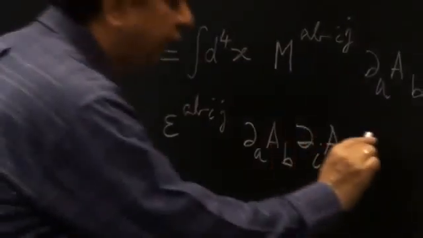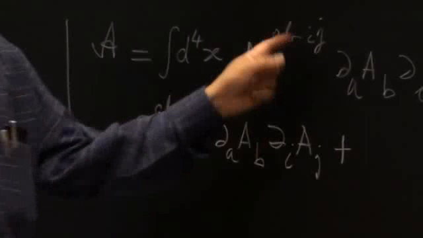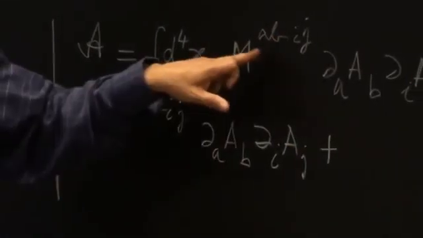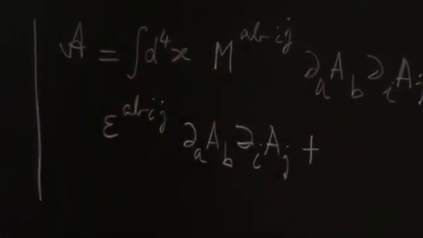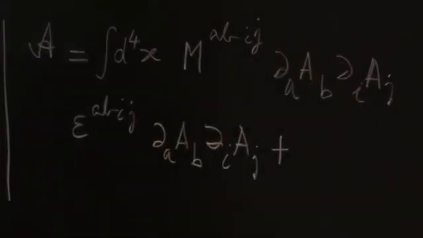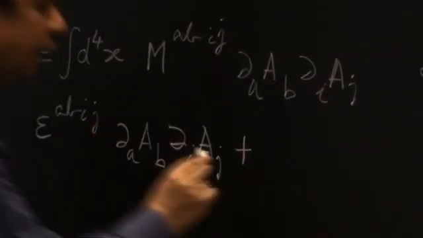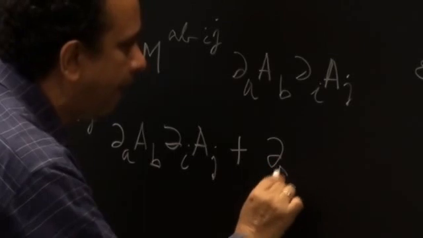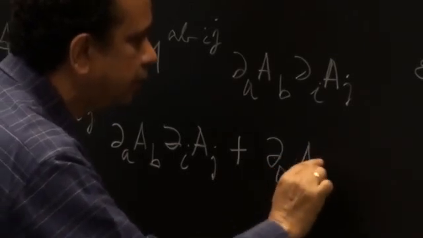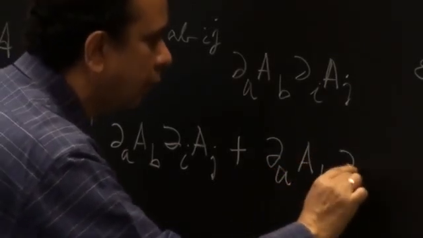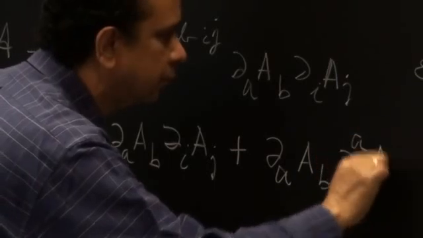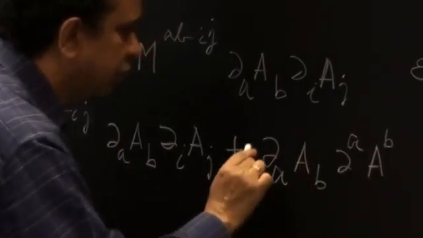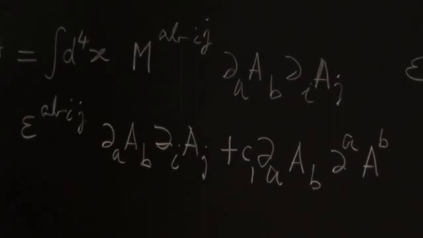Then you want to think of how many ways you can contract these indices. There are constants in front, and these are going to be a product of two etas, which essentially tells you how many ways you can contract that. So if I contract the A with I, I get the term ∂_A A_B, with some constant here. Or I can contract A with B itself.